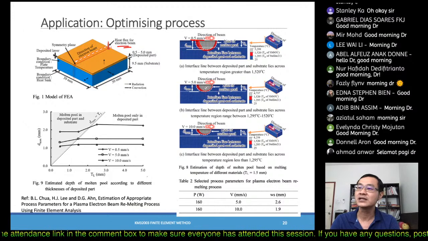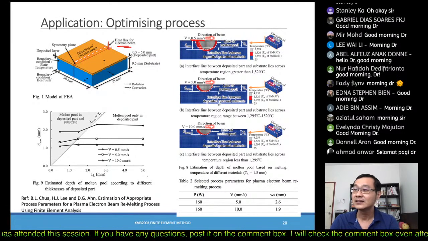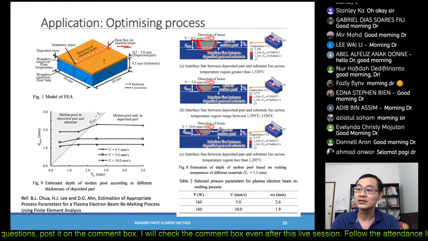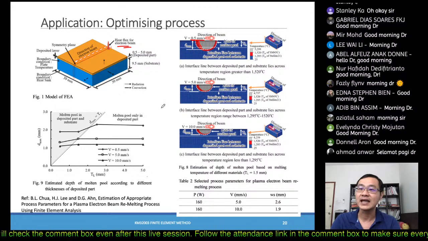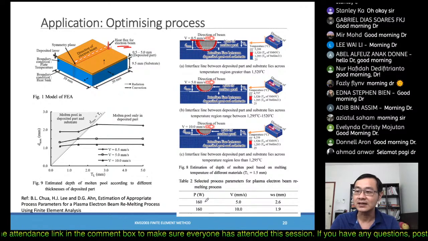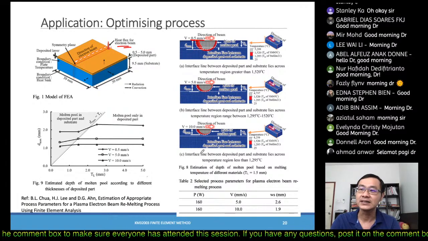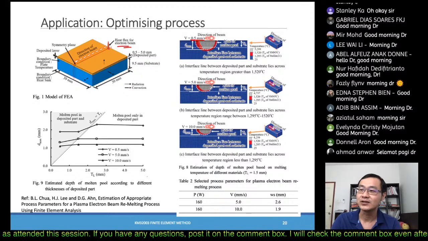Then when the temperature increases, the melting actually does not come to the baseline, and when it further increases, it becomes smaller and smaller, right? So we can see these changes, and from there we can estimate or optimize the process, what parameters we should put in to get the proper dimensions or melting across the two parts.